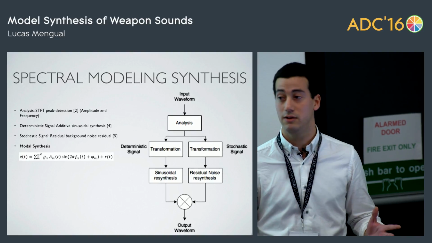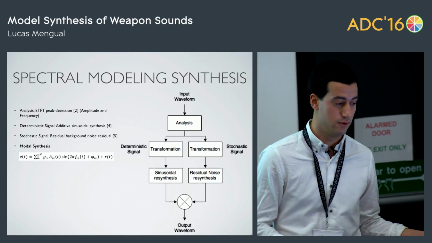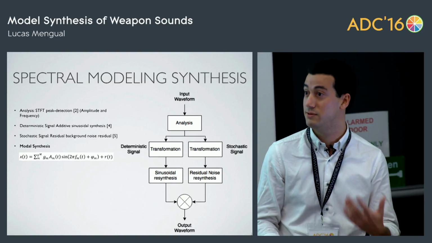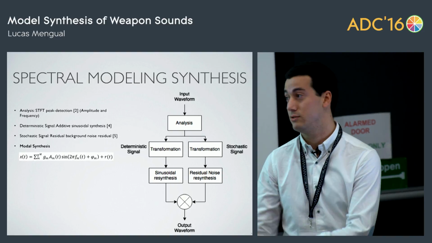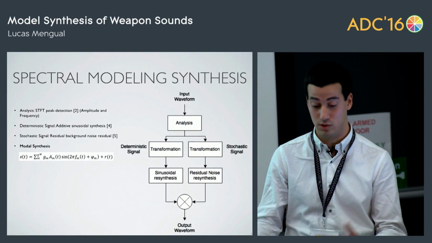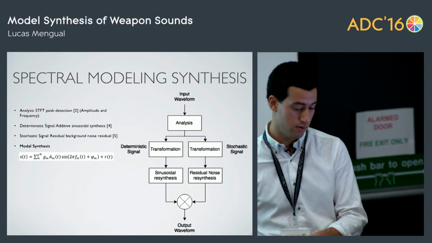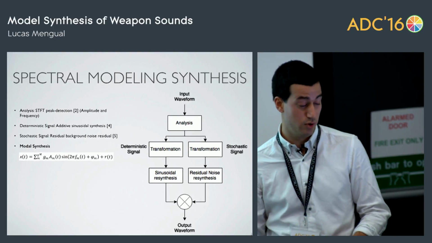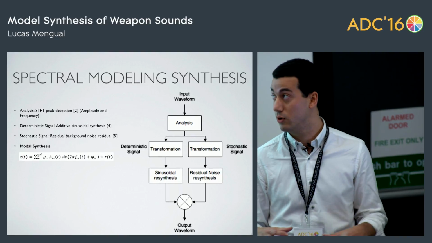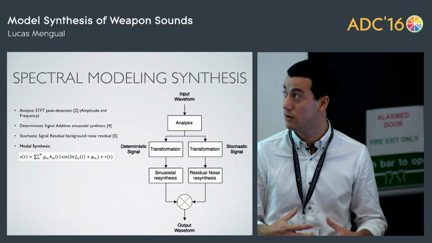Then these values are passed into the deterministic part, which is the additive synthesis, and the stochastic signal, which is the residual part of the model. That's the whole overall idea.